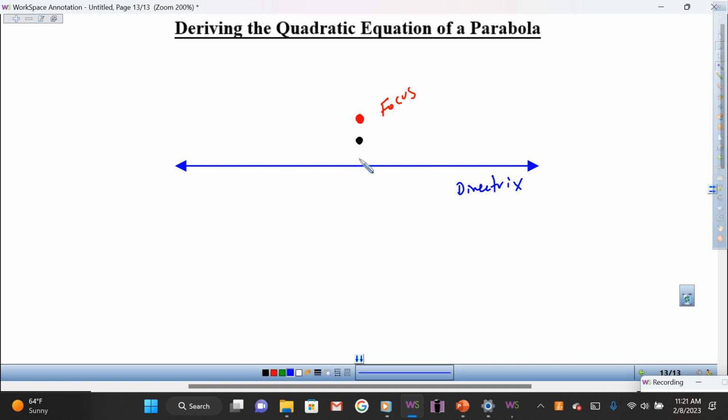Which means there is a point on the directrix. So now we have 3 points. But do you notice that this distance, D1, is the same as D2. Do you guys see that? Yeah? So below that, skip some lines, and I want you to write D1 is the same as D2.